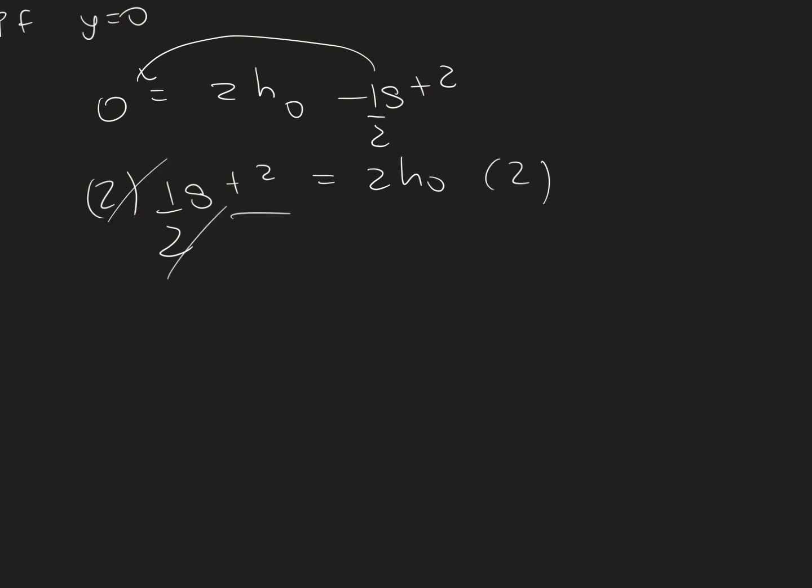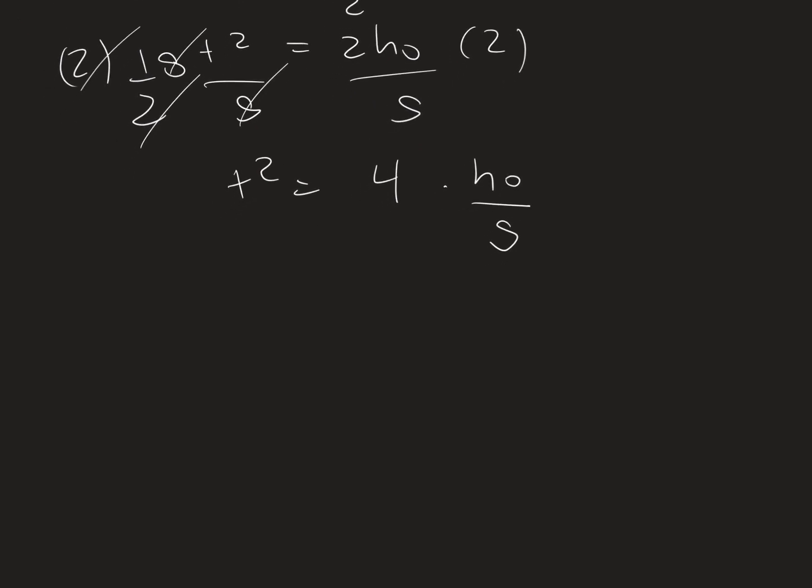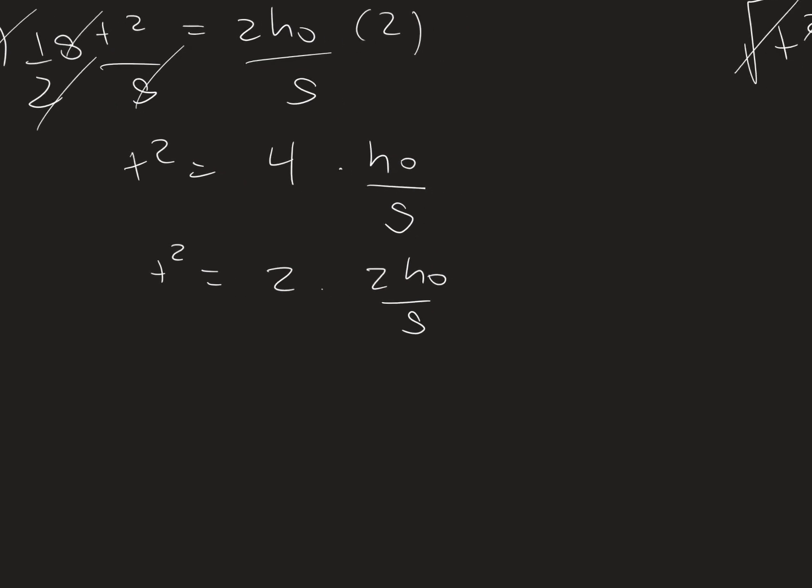Then we're gonna divide both sides by g, cancel, cancel. We end up with t squared. So t squared will be equal to 4 times h0 divided by g. Or we can also rewrite this as 2 times 2h0 divided by g.